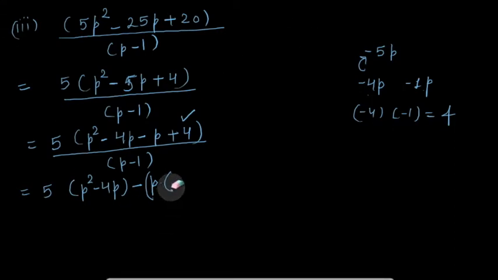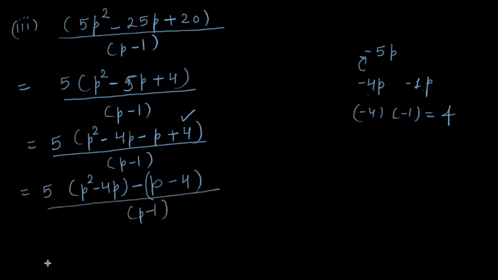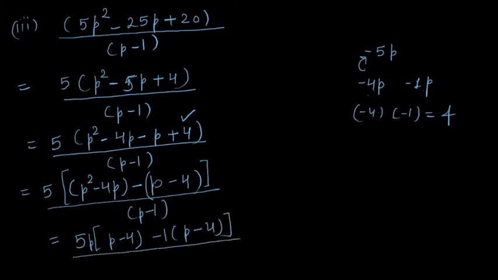Let me just rewrite it. This becomes p minus 4, and then you have p minus 1 as it is, right? What is common here? If you see what can be common from here, p is common. I am left with p minus 4, minus 1 times p minus 4 as it is, upon p minus 1.